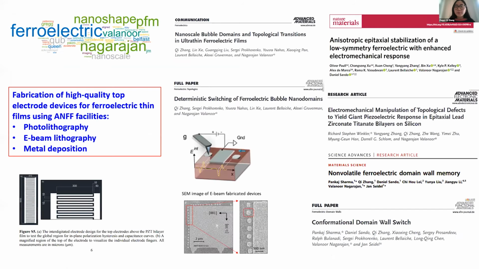Our group is led by Professor Nagarajan Valanoor at UNSW, and our main research focuses on multiferroic nanomaterials. One very important thing for us is to fabricate high quality top electrodes or devices to characterize these ferroelectric materials and to study their device function.